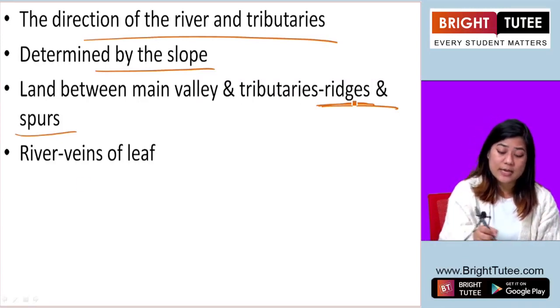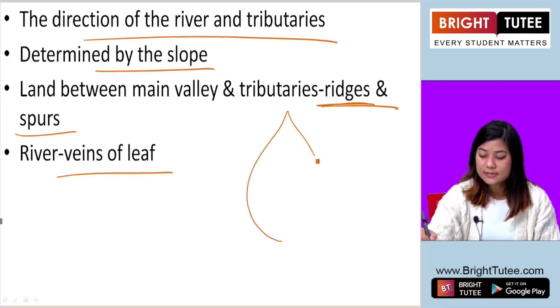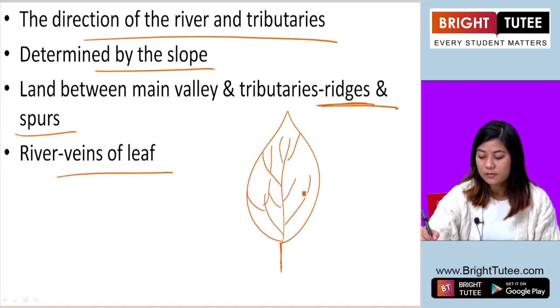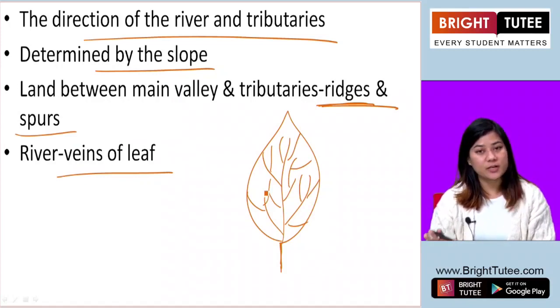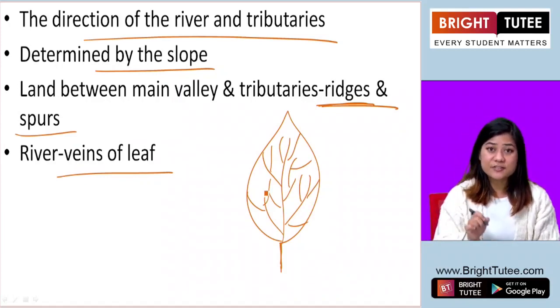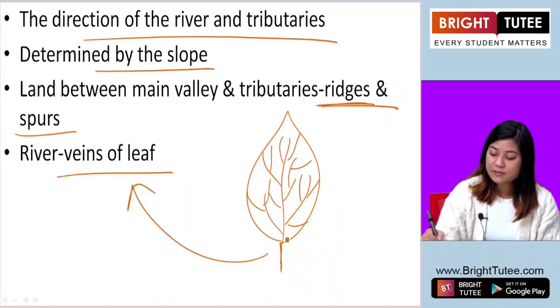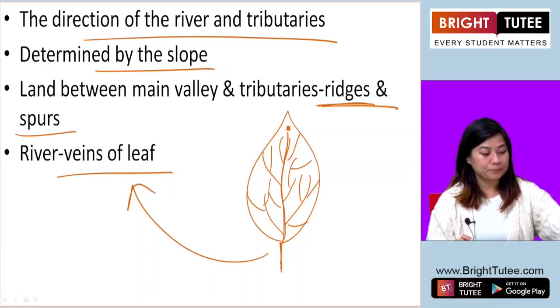And the river looks like the veins of a leaf. So if you look at a leaf, say for example, this is a leaf. Right? This is somewhat similar to what a leaf looks like. Now the dendritic pattern of the river looks exactly like the veins of the leaf. All right?